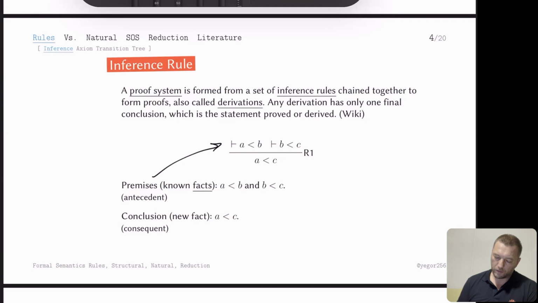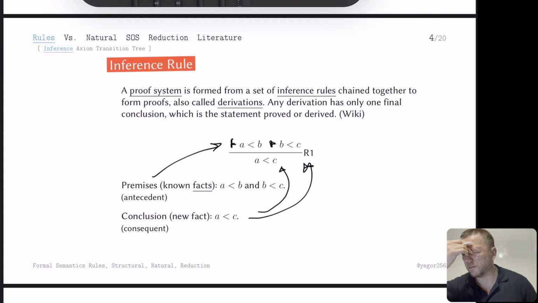What stays on the bottom is called the conclusion. What stays on the top is usually also called facts. So it's something which we know is a fact. And what's on the bottom is the new fact we generate. And this symbol, I forgot the right name.